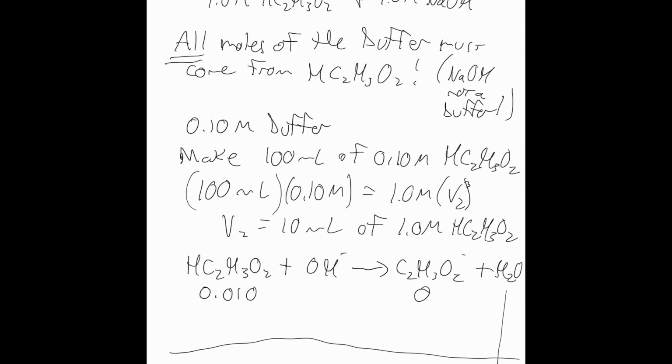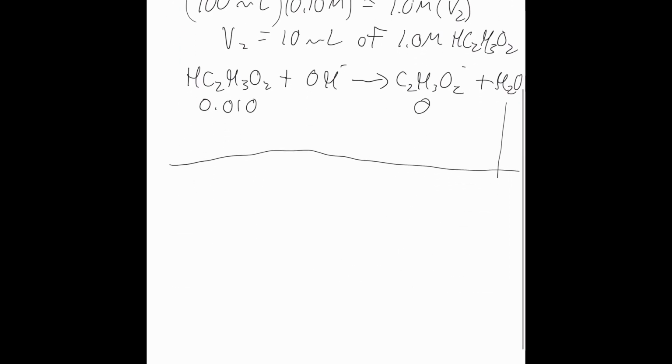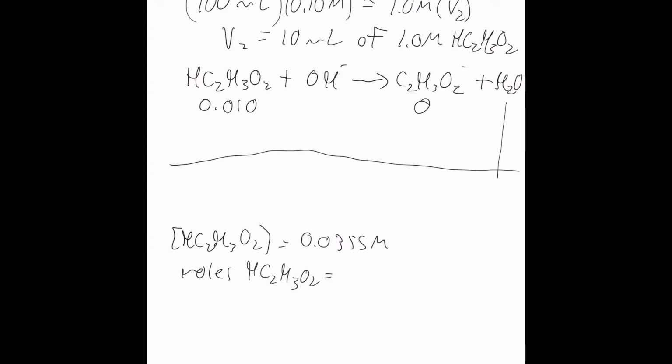What do we need in terms of moles at the end? Well, we need to have, and I'm going to go ahead and move this down, a concentration of HC2H3O2 that is 0.0355. So then moles of acetic acid is simply that 0.0355 moles per liter, and it's going to end up in 0.1 liters because it's 100 milliliter total volume.